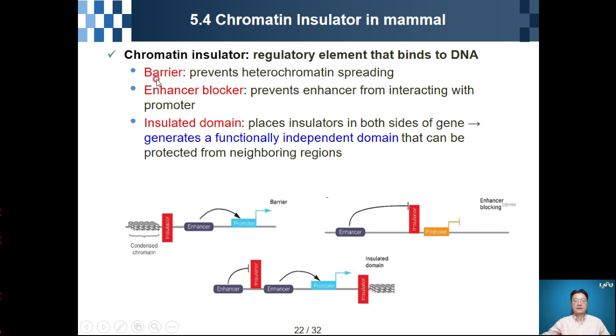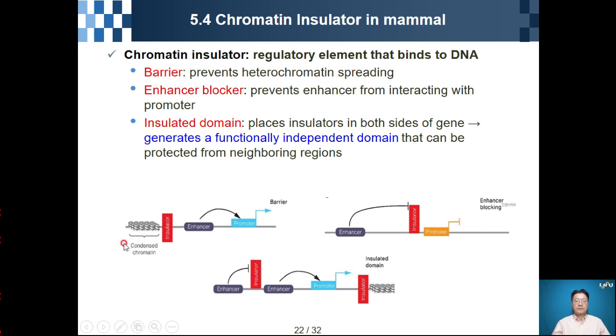Let me start with the barrier. This is our gene of interest, which is composed of the enhancer and promoter. Our gene of interest can be actively transcribed. Next to our gene of interest, the heterochromatin region is located here.